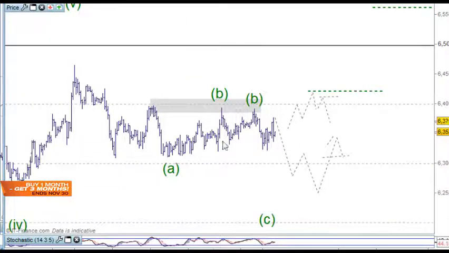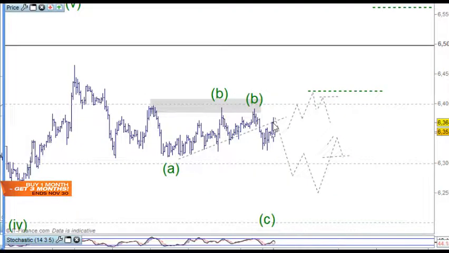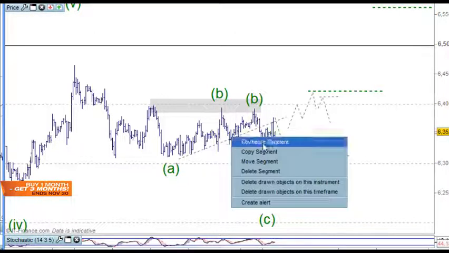If we just draw a line through here, that's just retesting. It's just like another level really, but on an angle. So it's just retesting that at that stage.